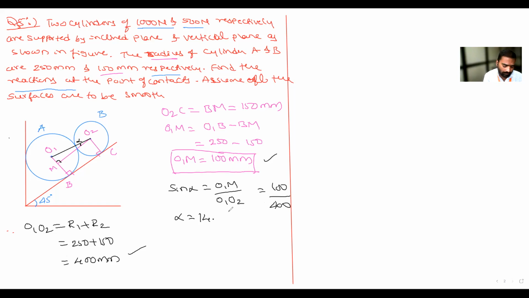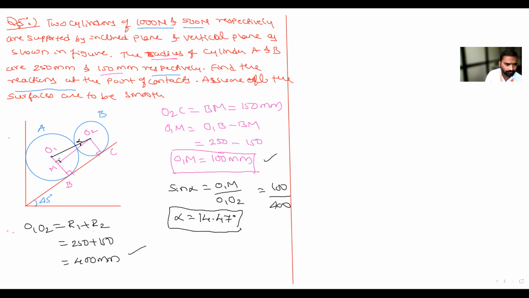Sin inverse of 0.25 is 14.47. Is it correct? Yes. So this is the answer that you have to find out.